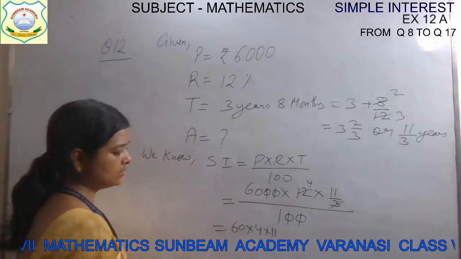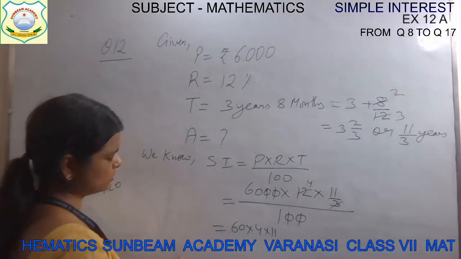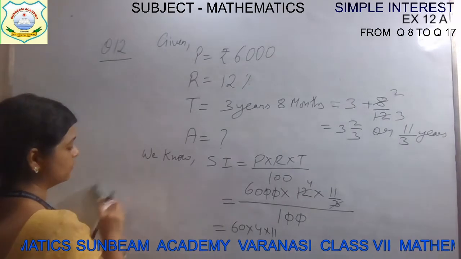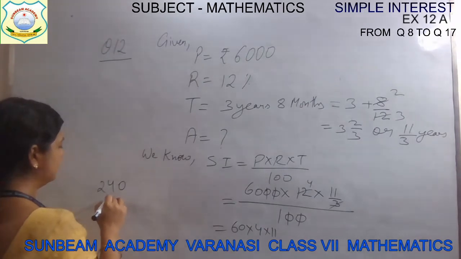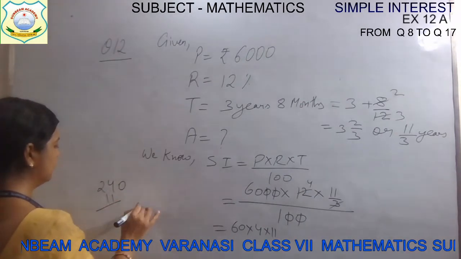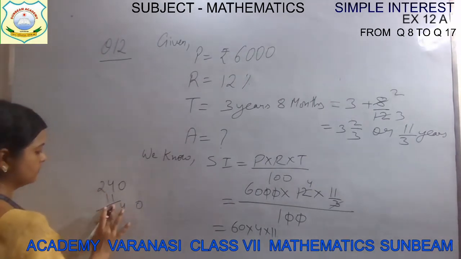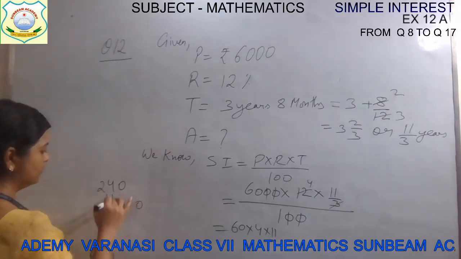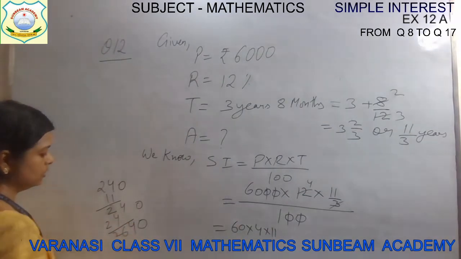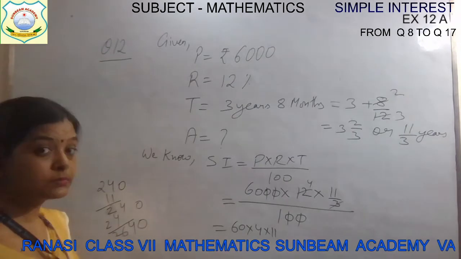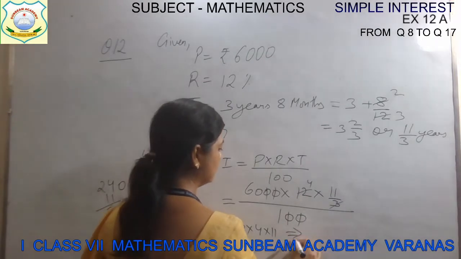So let's find out, children. 6 fours are 24, so 240, and then multiply it with 11. So 2640. This much of money she will return.